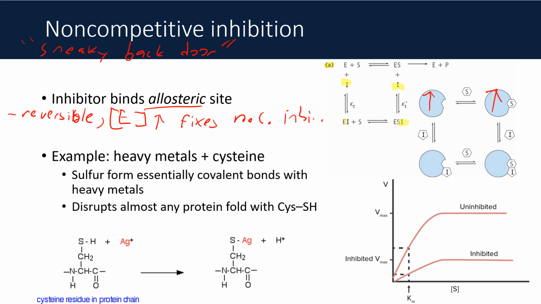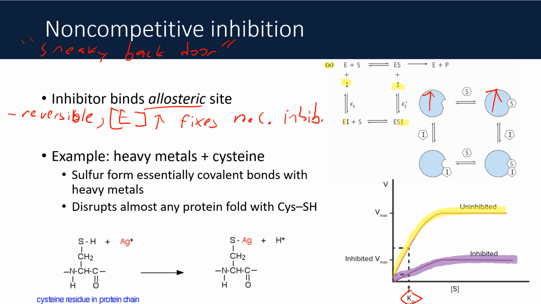How does non-competitive inhibition affect the Michaelis-Menten parameters? I'm going to highlight the uninhibited curve over here and the inhibited curve in purple. The Km in both cases is the same.